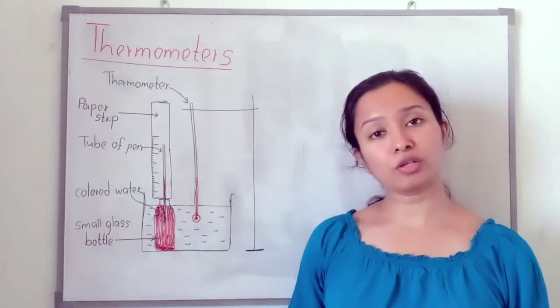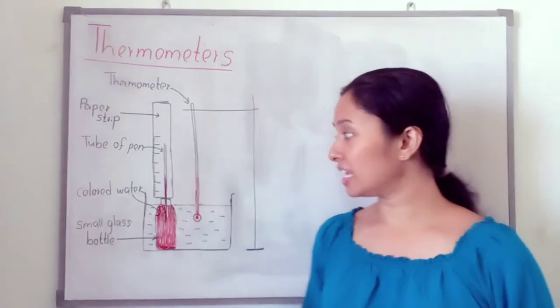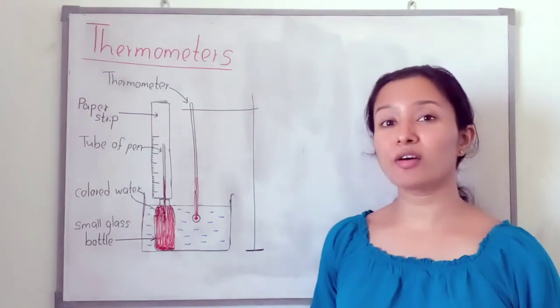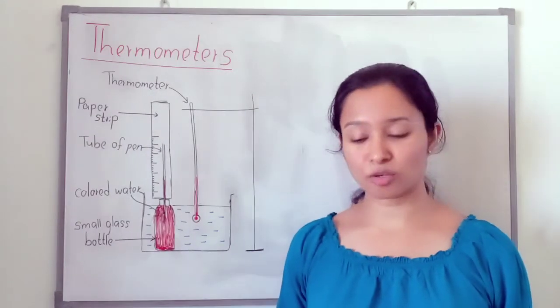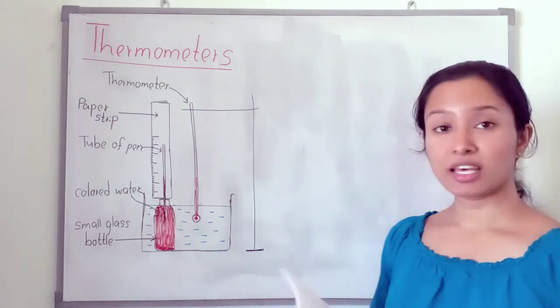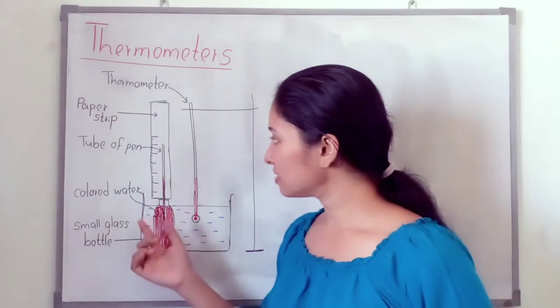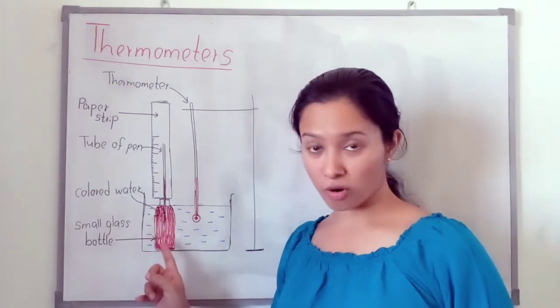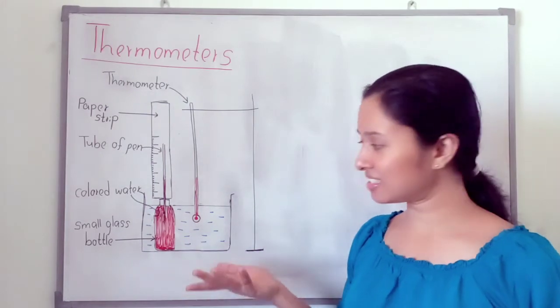Do you know how to calibrate a thermometer? In this practical, we are going to discuss how to calibrate a simple thermometer. What are the things we need? We need a glass bottle with a rubber stopper as in the previous practical.